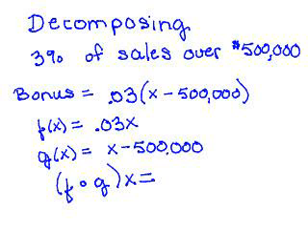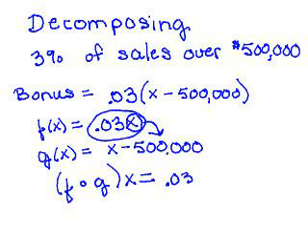Okay, so inside of this function, we're replacing the x with this function. And that will get us what we have up there to begin with, how we figured out we would do this problem in the beginning. So first of all, we're subtracting $500,000 if our sales are above 500,000. And then after we do that, then we take it times 3%. Okay? So that's an example of composition of functions.